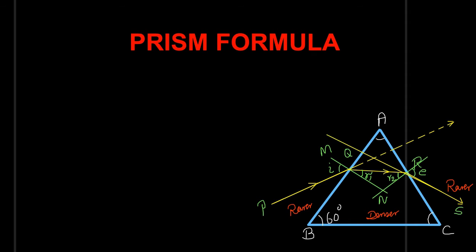What is the angle between the incident ray and the emergent ray? Let us denote it as delta. If the prism was not there, the incident ray PQ would have advanced straight. Because of the prism, the incident ray passes as RS. So delta is the deviation of the incident ray caused by the prism.